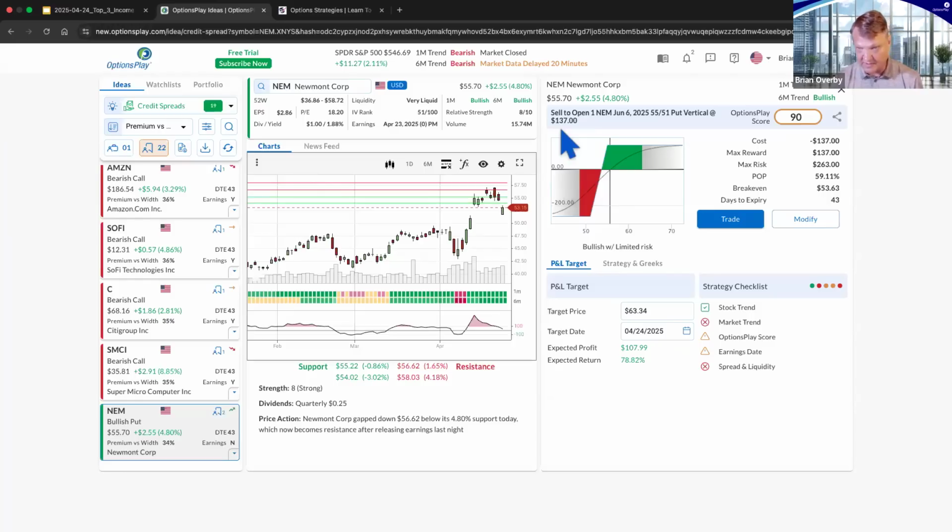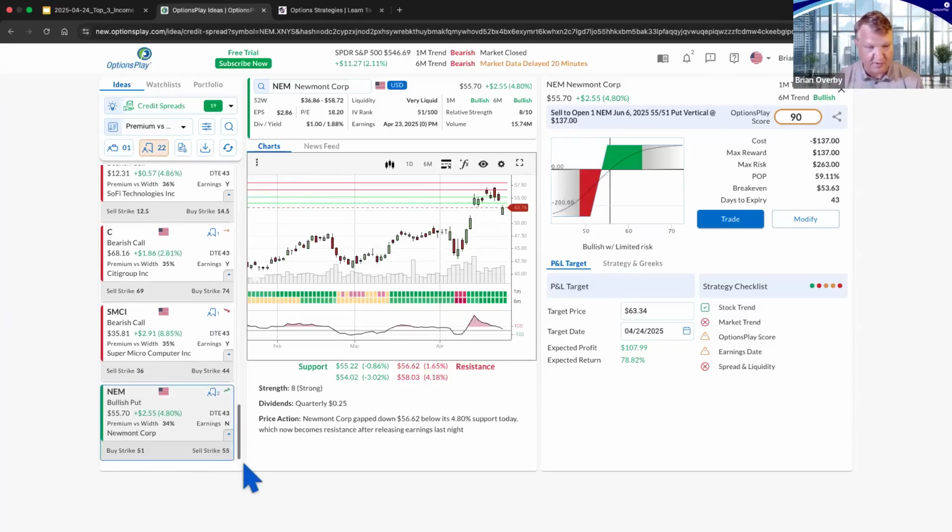But in this instance, we have 4 points wide, and we're bringing in $1.37 divided by 4. We're looking at a 34% premium amongst the widths of the strikes, right? So it's saying here we're going to be selling the 55 strike put and buying the 51.